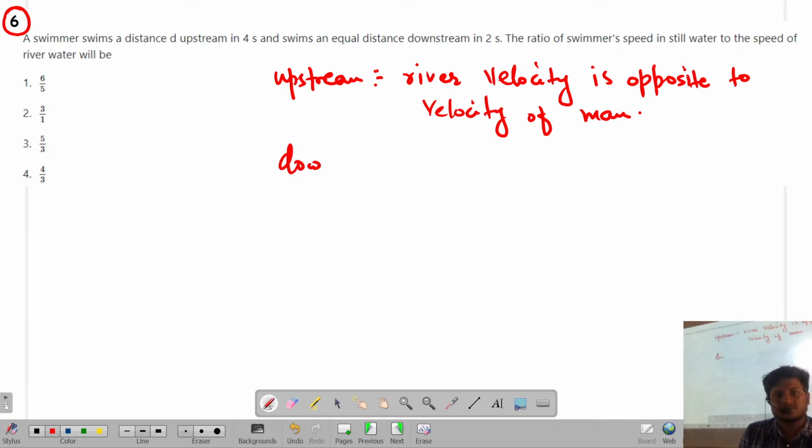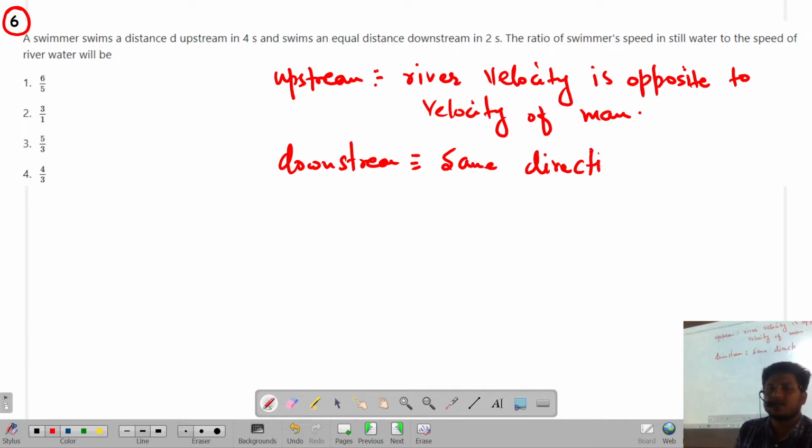Downstream means what? The river velocity and the man's velocity will be similar to each other, in the same direction. Upstream means opposite direction, and downstream means same direction. Got it or not? Okay.